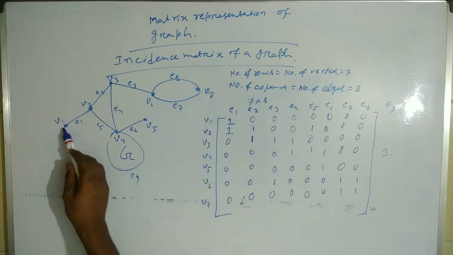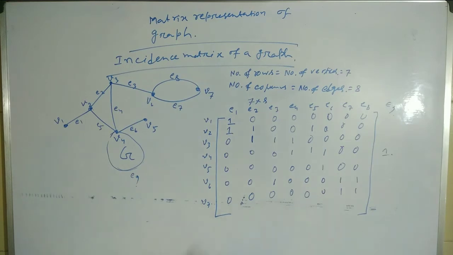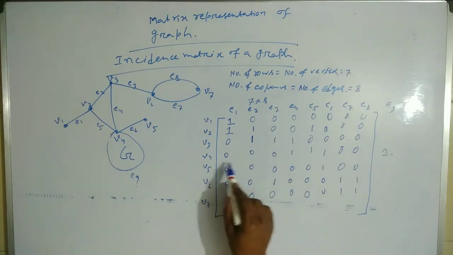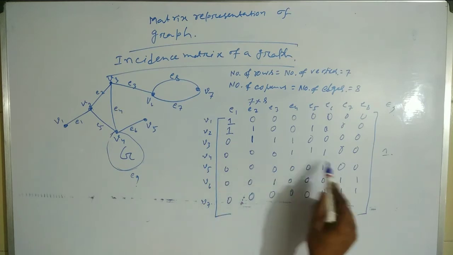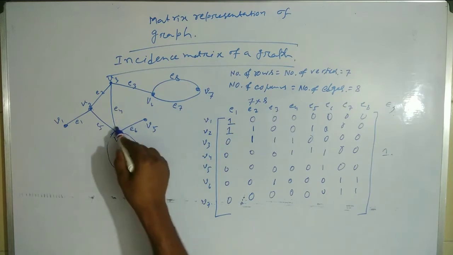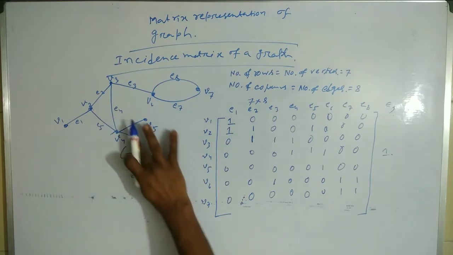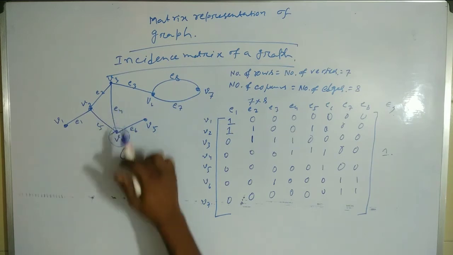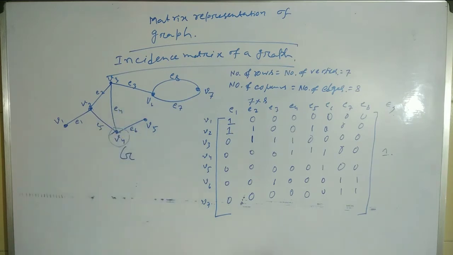See, the degree of V1 is 1. Now consider V4. In this row there are 3 ones. The original graph was this, so this is V4. See, the degree of V4 is 1, 2, 3.